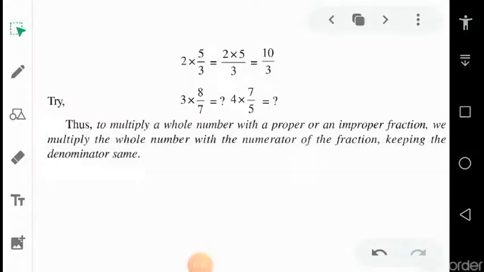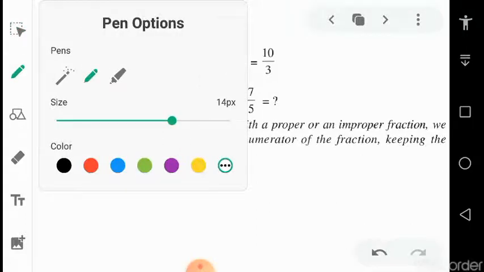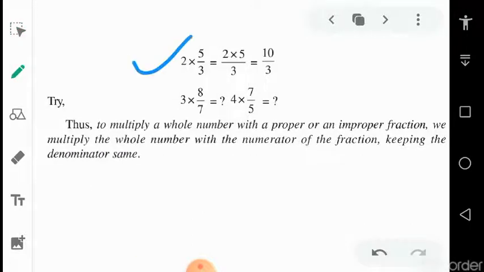So if we are multiplying 2 with 5/3, so 2 is a whole number and 5 is the numerator, then we will multiply 2 with 5 and keeping the denominator same, so the answer will be 10/3. So you should remember this, as it's very easy and important.